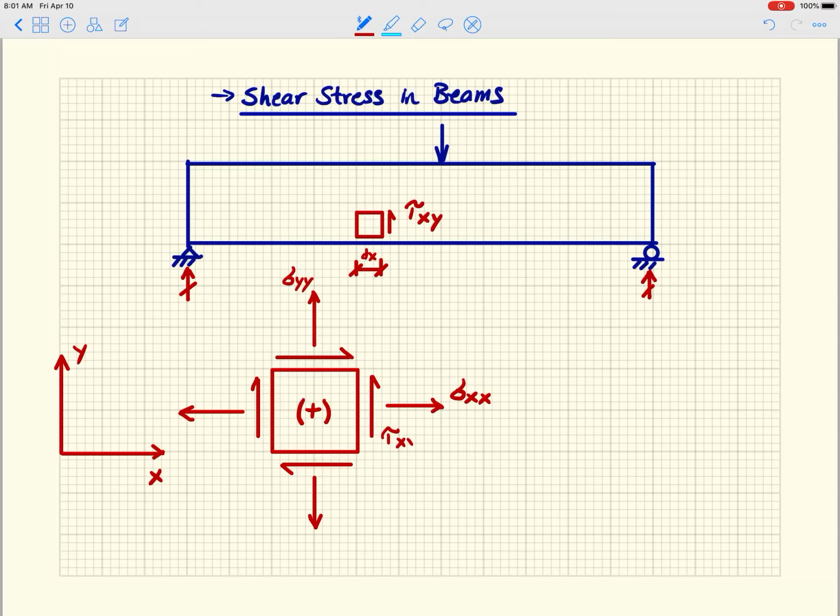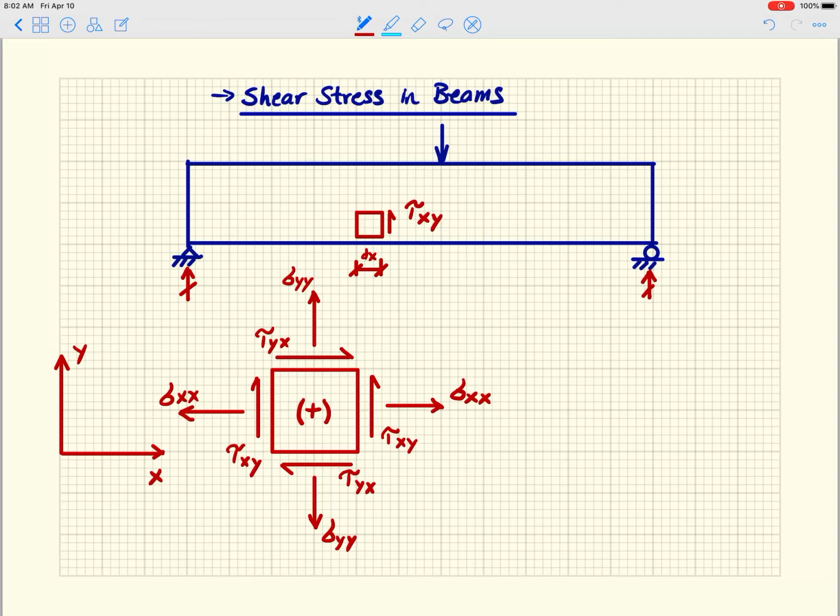So this guy we're going to call tau xy. This guy we're going to call tau yx. This guy is also tau yx. This guy is tau xy. This guy is sigma xx, and this guy is sigma yy, right? So that is our positive sign convention.